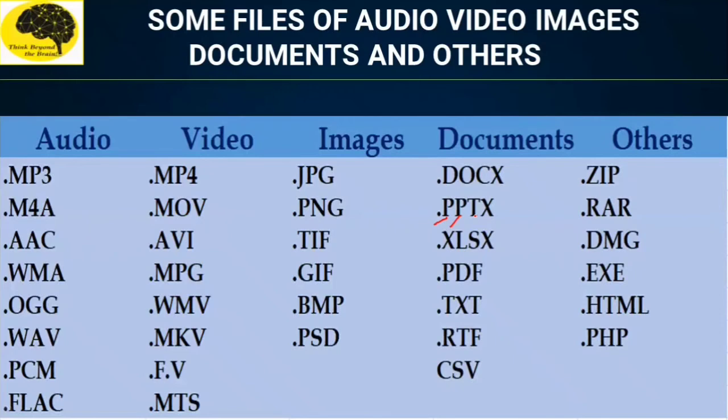Then other things like zip, rar, dmg, exe, html, php. These are the others. These were the file extensions, and in this slide we have learned about the extensions and why they are important.